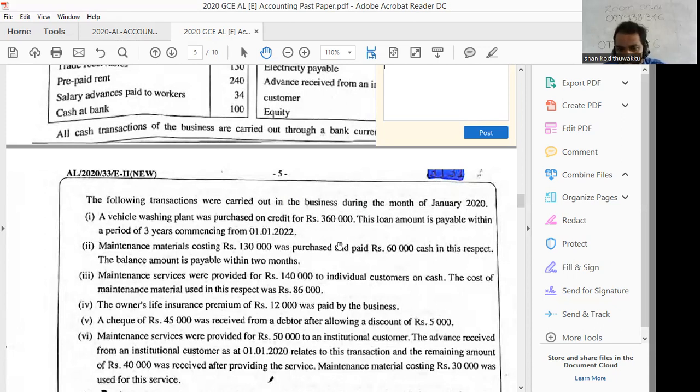Until you pay, or until the business settles it, it is a liability. Right. Then you will receive maintenance materials. It comes under stocks, 130. The amount you paid in cash, 60,000, minus under cash, minus 60, balance 70 under trade payables. Right. You can see my answer.